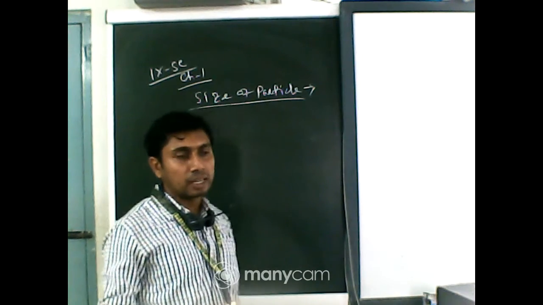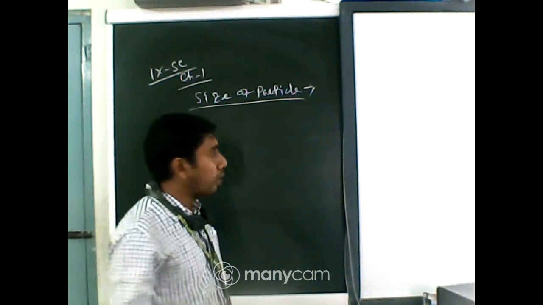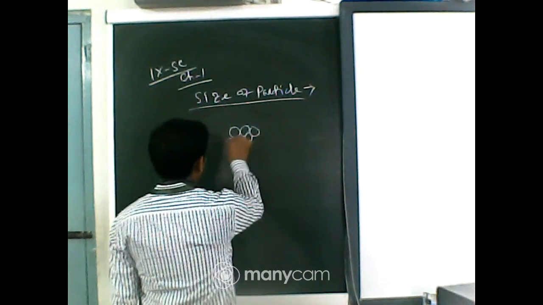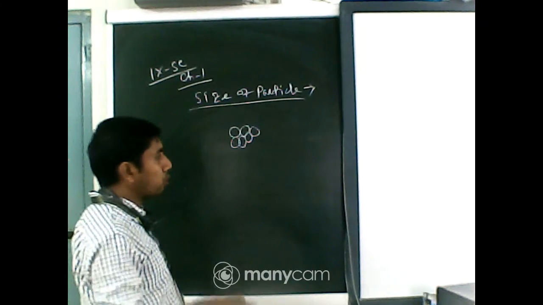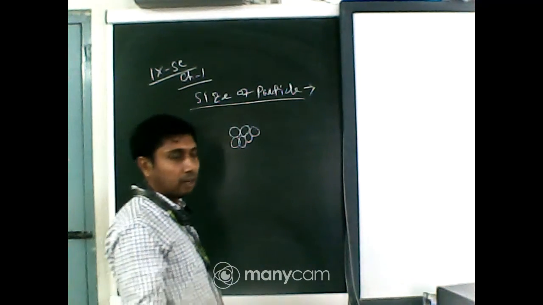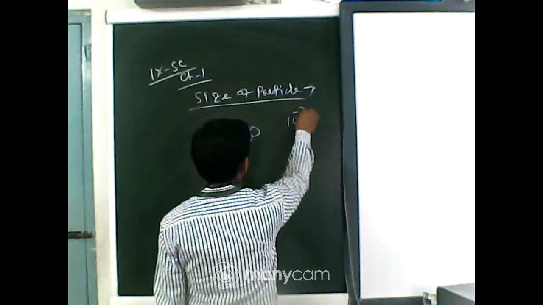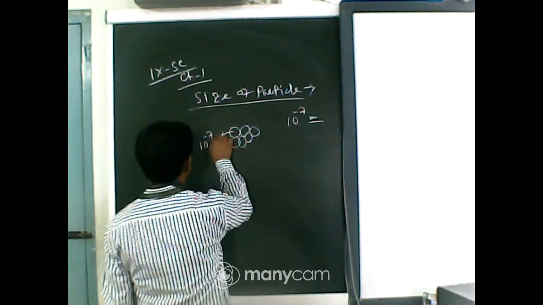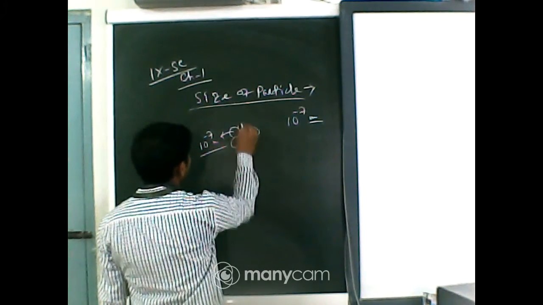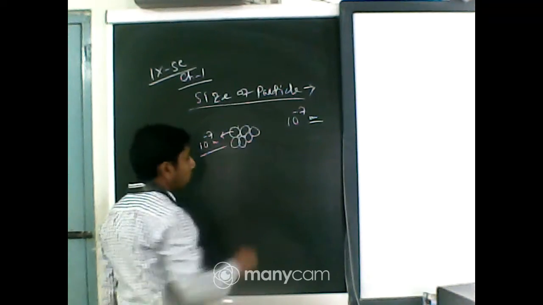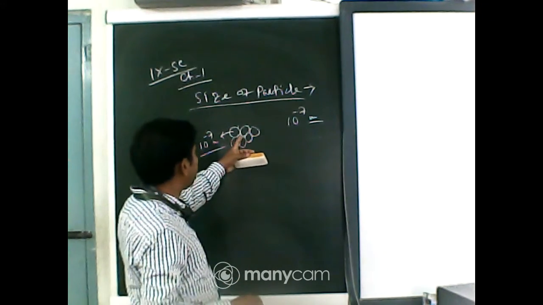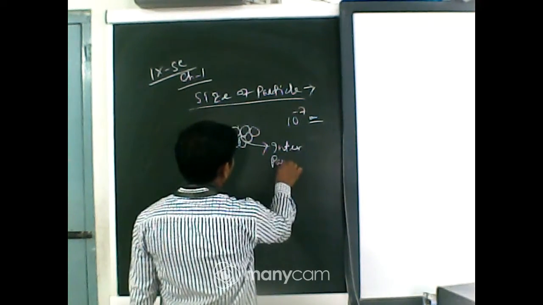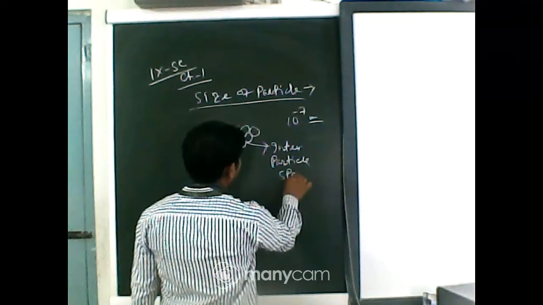When the size of the particle is greater, greater meaning in the region of 10 to the power minus 7 meter, just assume it, then you can see the interparticle space. This is the interparticle space.